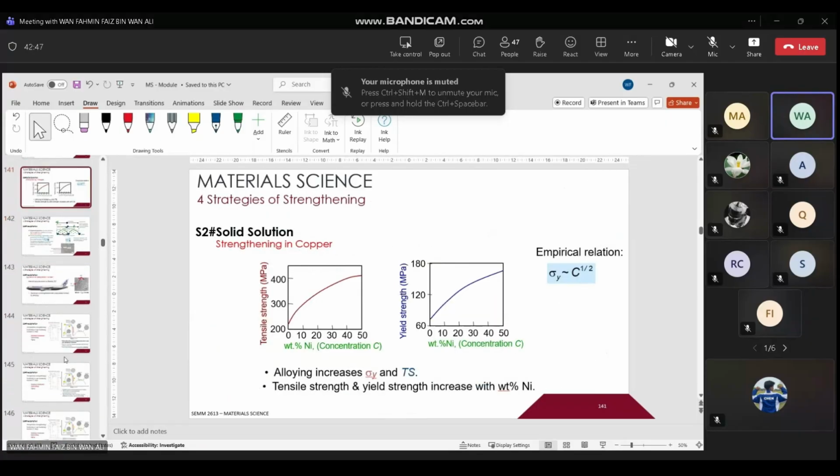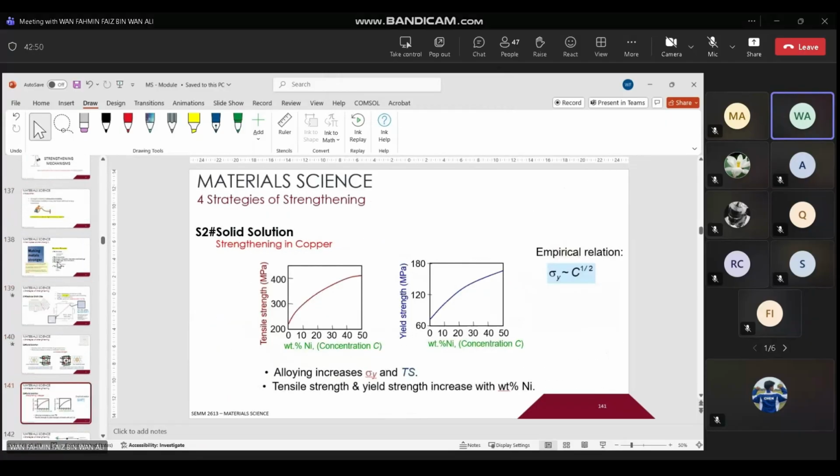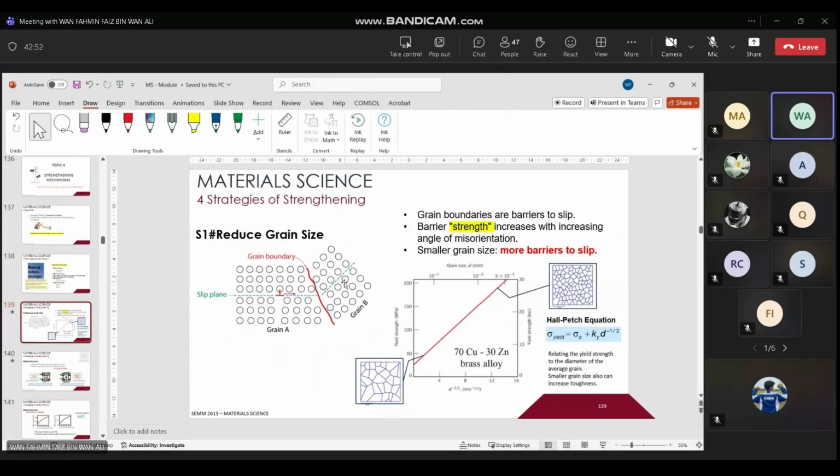What else? This one. Okay. The first strategy to strengthen the materials, or metal specifically, is by reducing the grain size. Grain size reduction means that you have more grain boundaries. Grain boundaries, as I mentioned before, are part of the surface effect. Your boundary is a wall, so it's a barrier.